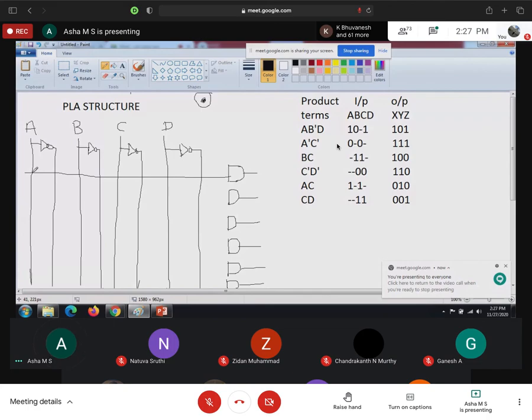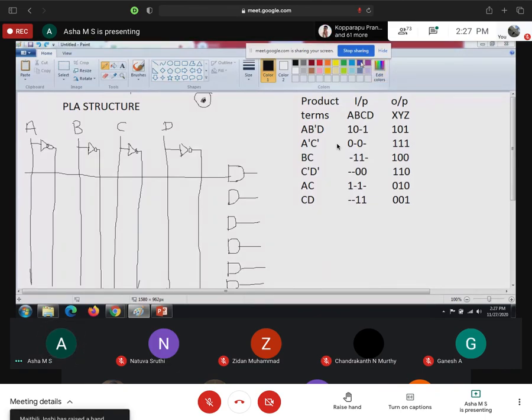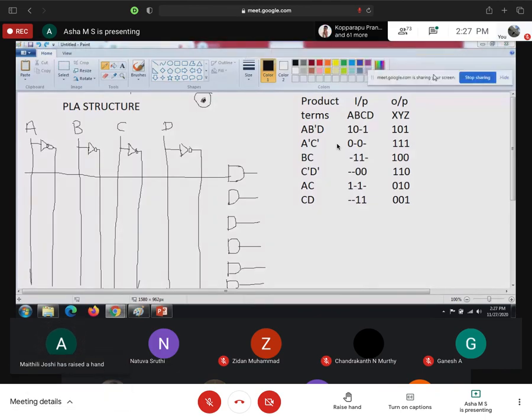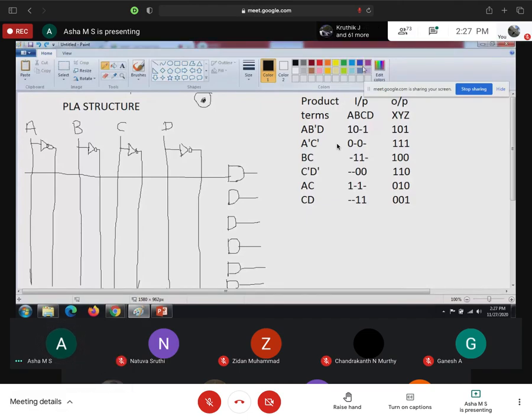So A is here, and I'll use a different color. A, B bar.